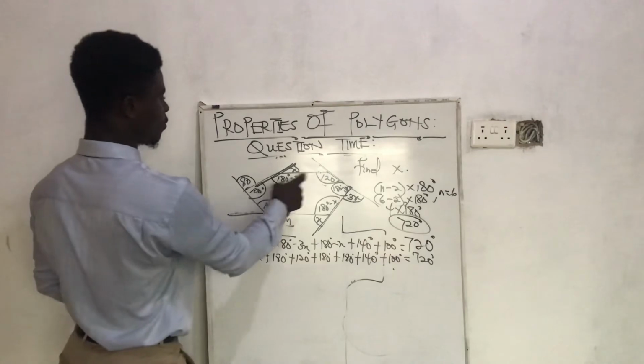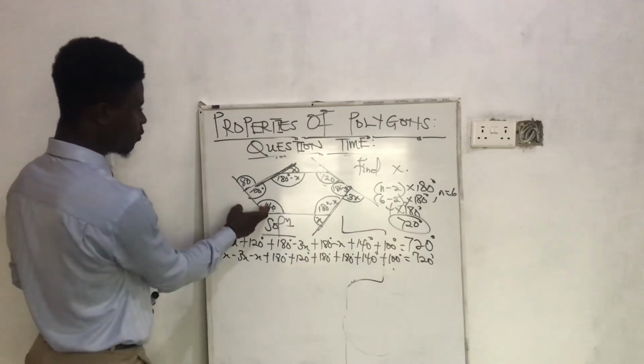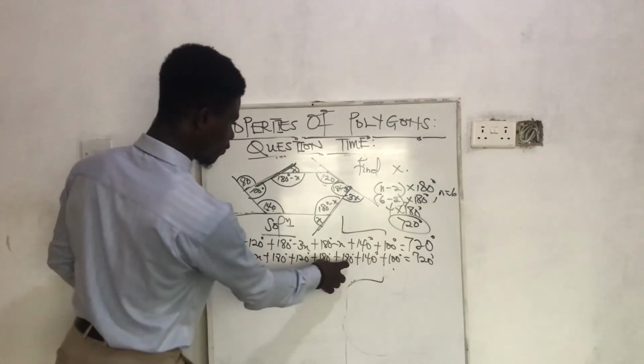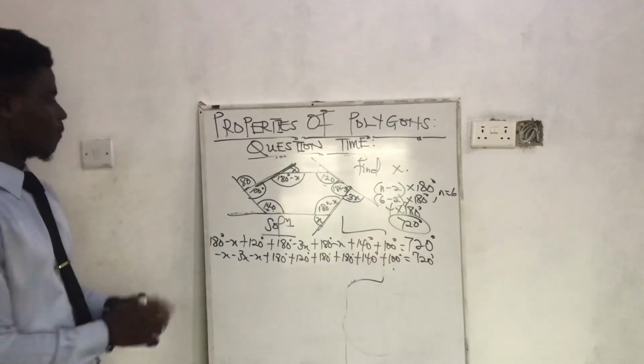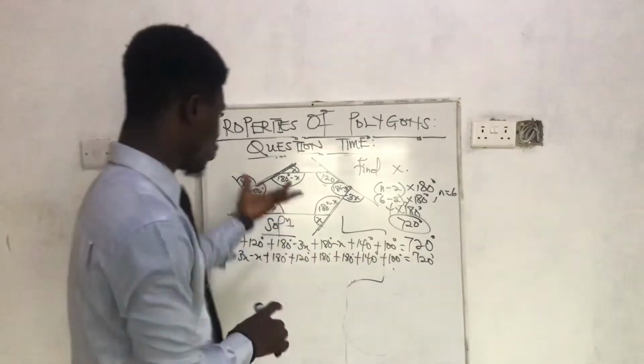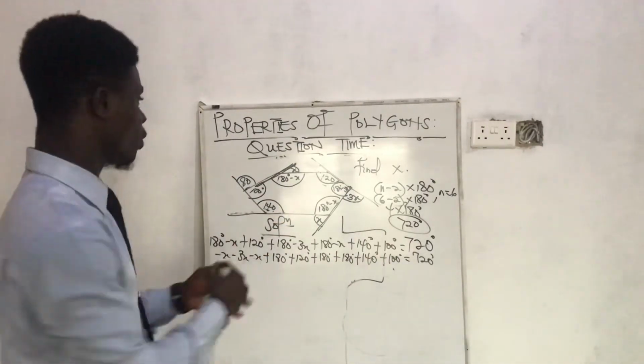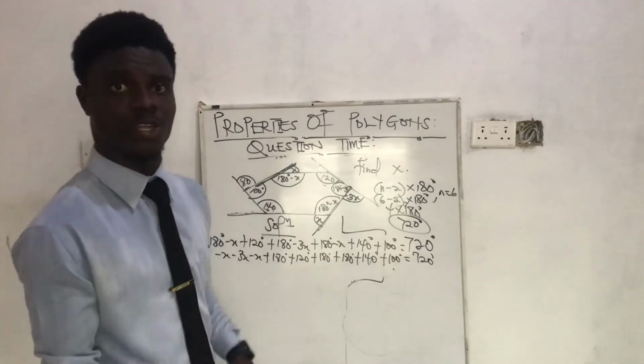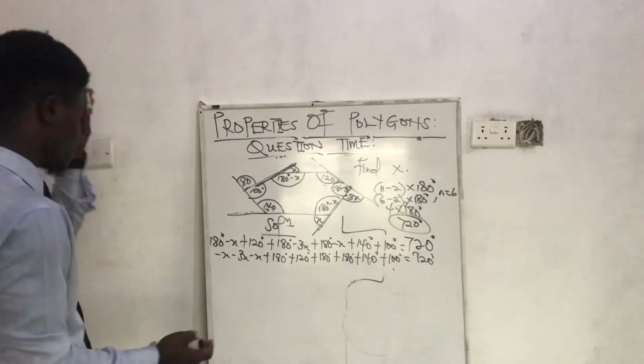So let's see, 1, 2, 3, 4, 5, 6. So I'm checking whether it tallies with the original question or with what we did. You have to check all these things so that you will not go astray. Do you understand that? Alright.